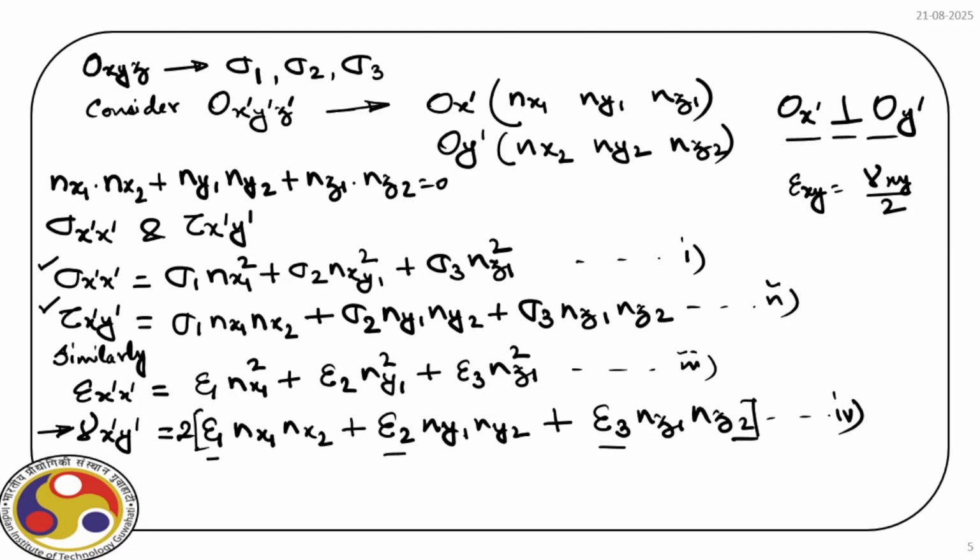So we have sigma x prime equal to sigma 1 nx1 square plus sigma 2 ny1 square plus sigma 3 nz1 square.